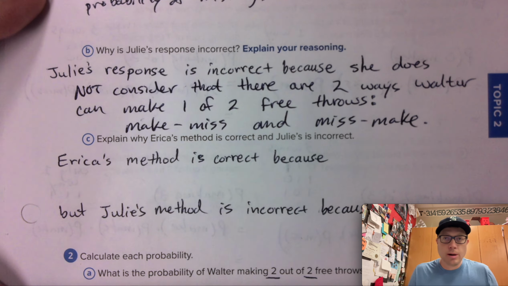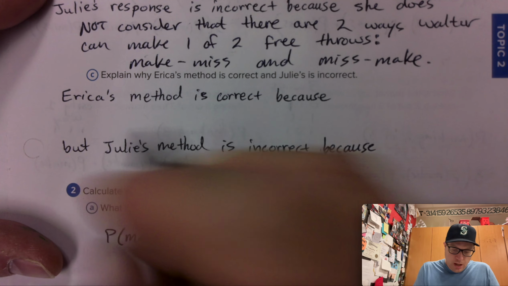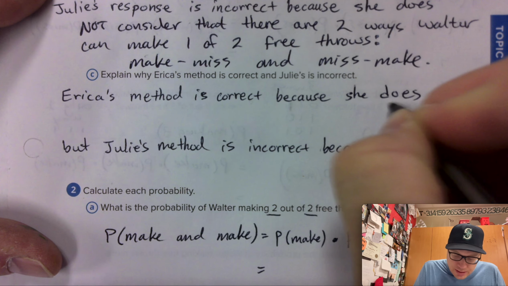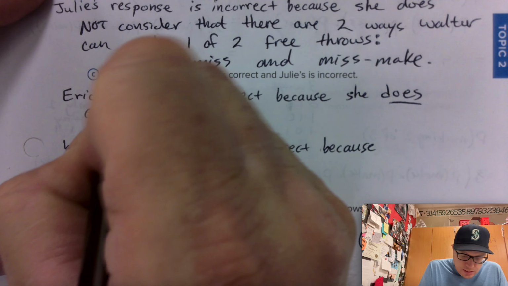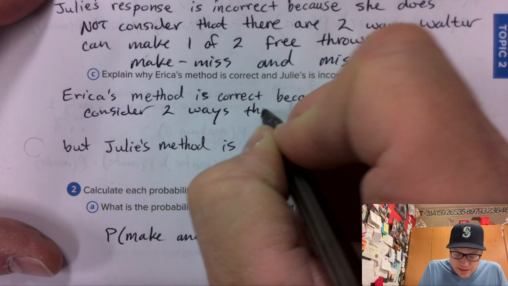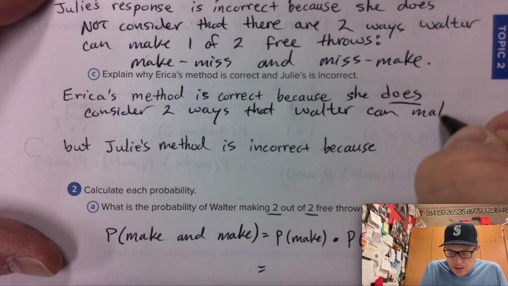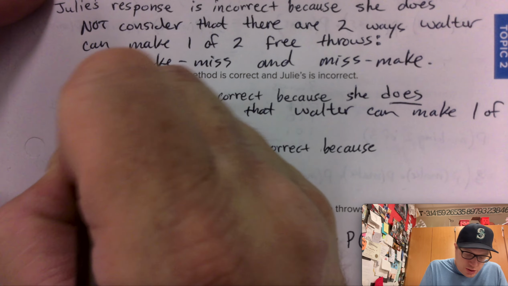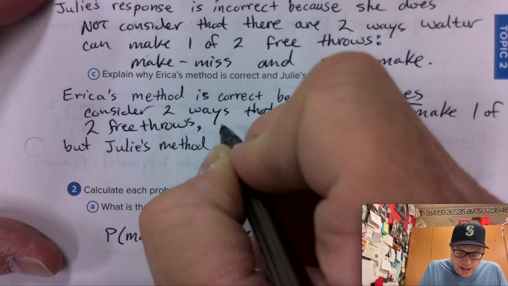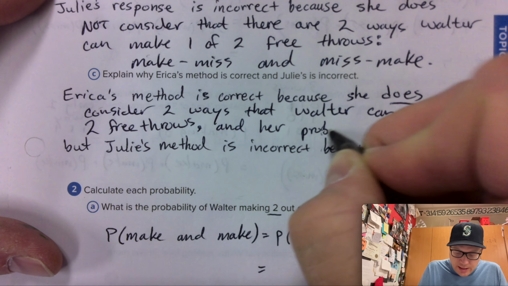So I'm going to start writing, and you skip forward a little bit and then pause and see what I wrote. Okay. Erica's method is correct because she does consider 2 ways that Walter can make 1 of 2 free throws, and her probability calculation is correct.